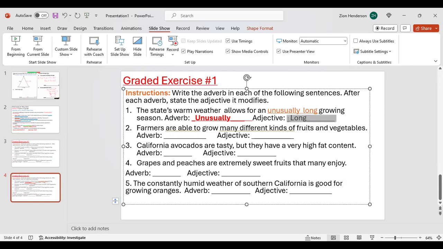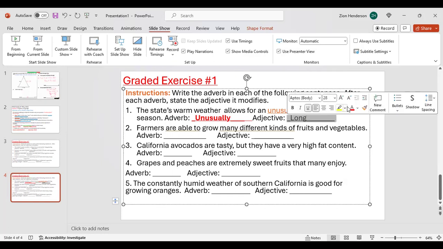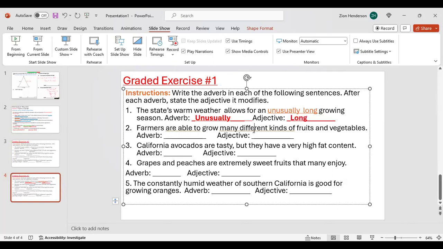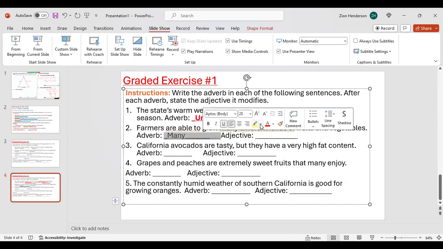Go ahead, Kingston, read the second sentence. Farmers are able to grow many different kinds of fruits and vegetables. The adverb is many, and the adjective is different. Very good. How many persons have that? Many for the adverb and different for the adjective.